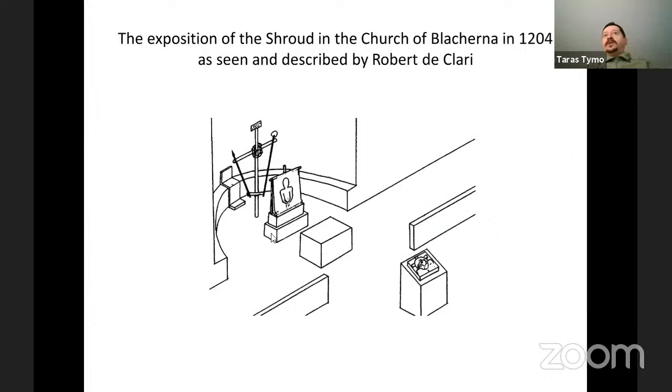He saw this and described it literally, and the drawing is a contemporary scholarly reconstruction of his literary description. And Blachernae is the name of the church. It's actually the palace of Blachernae and the palace church of Blachernae, where this image was preserved, along with many other precious relics of Christianity.